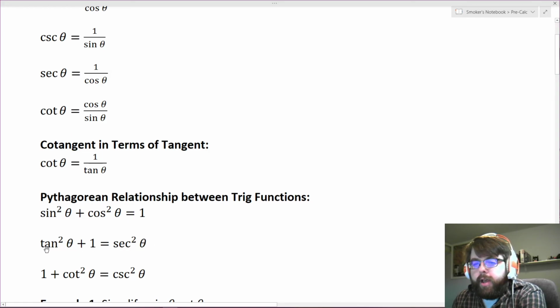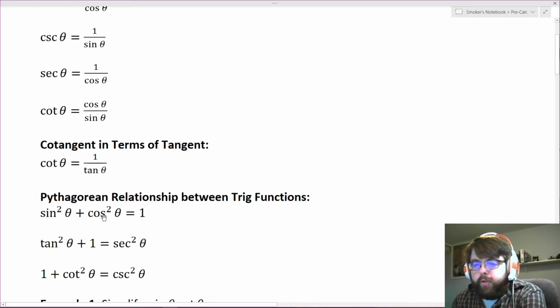So we also have this Pythagorean relationship of tangent squared plus 1 equals secant squared. Also, if you divide everything by sine squared, then you'd have 1, cosine over sine would be cotangent, and 1 over sine is cosecant. So whether or not you understand that these are true, just know that these are true.